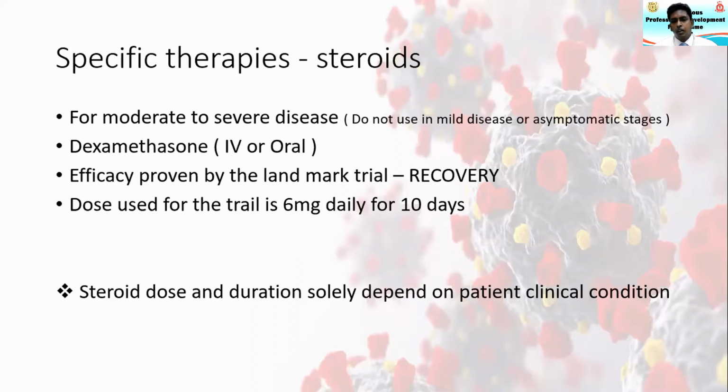But from practical experience, we know the patient's steroid dose and duration solely depend on the patient's clinical condition. We have used even 3 milligram daily doses, as well as higher doses in a patient with a very high inflammatory response. So steroid dose totally depends on a patient's clinical condition.